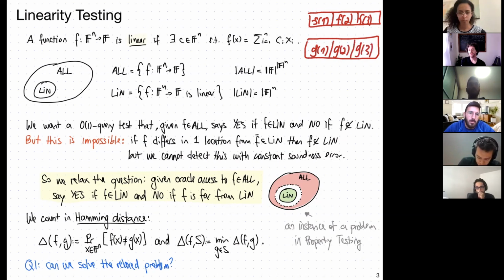It would just be the fraction of coordinates, of x's, on which these functions disagree. So for example, if this is 1, 0, 1, and this is 1, 1, 1, then the fraction of places where they disagree is 1/3. And it also means that if you pick one coordinate at random, then the probability that they differ would be 1/3. So we're using the probability just as a convenient notation for counting.